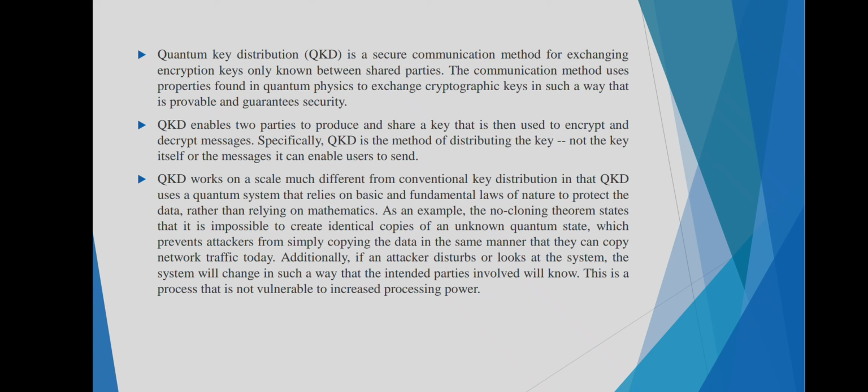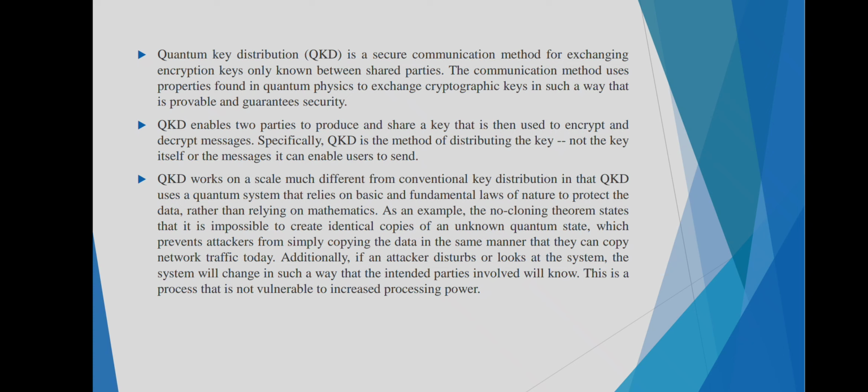So if there is a large amount of data, it may not be secure or is difficult to calculate. Quantum key distribution instead relies on fundamental laws of nature rather than mathematics.